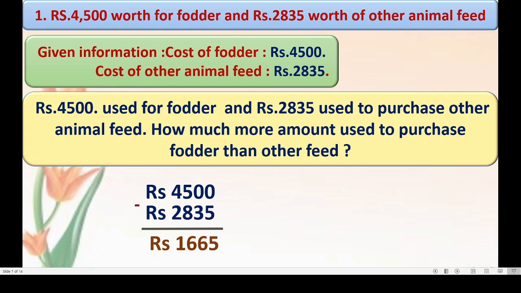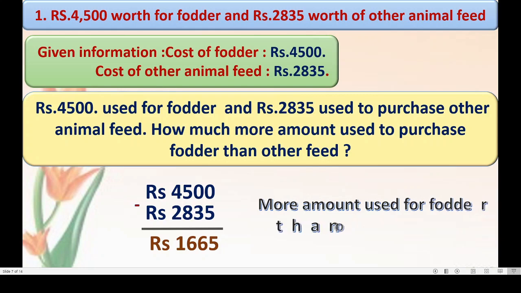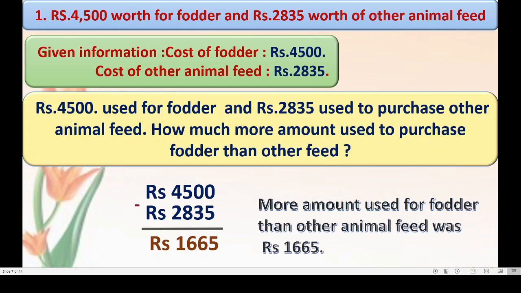Now how to write answer here? More amount used for fodder than other animal feed was rupees 1,665. Got this? There are so many sums based on this in your textbook. Please practice them. Okay?